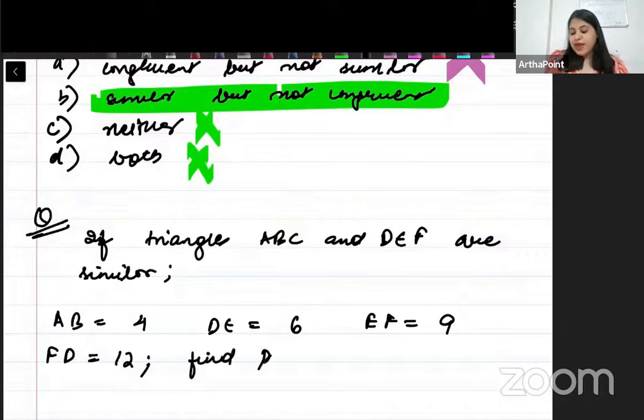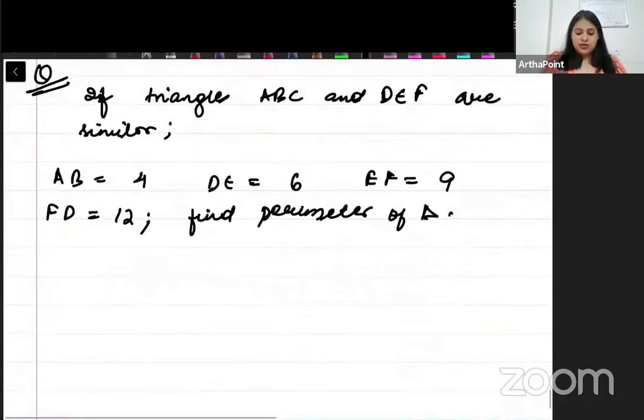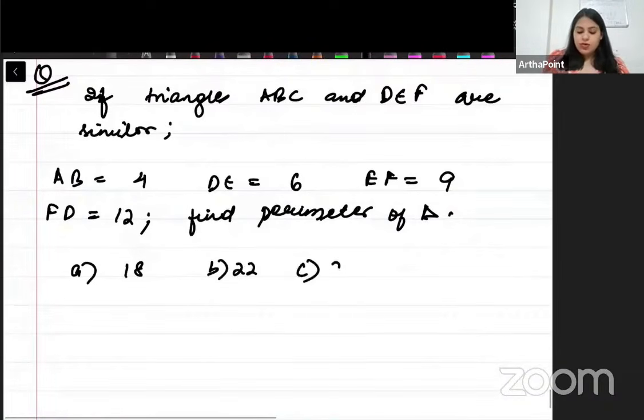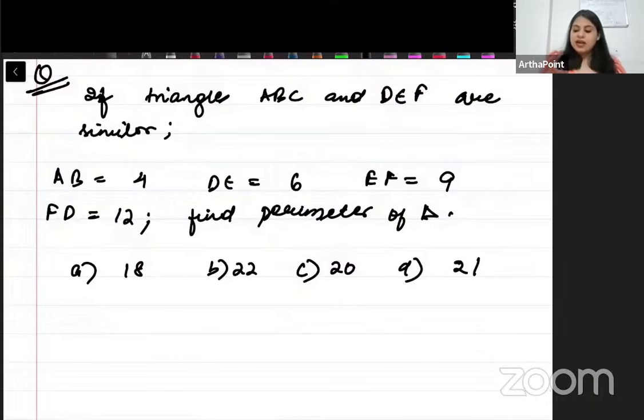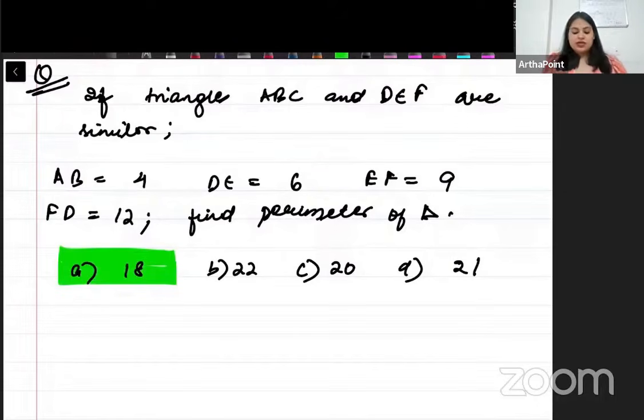Find the perimeter of the triangle. So options are 18, 22, 20, and 21. But I am telling you right now that the answer will be A. You have to try and see how.